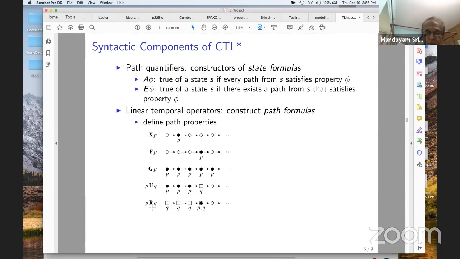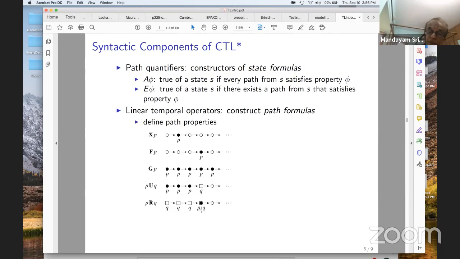The R operator is called the release operator. This is kind of a dual of the until operator. It is read as P releases Q. So it requires Q to be true until such point when P becomes true.